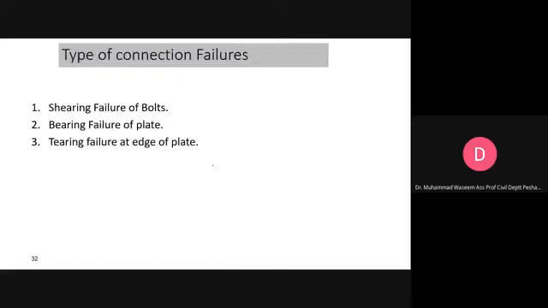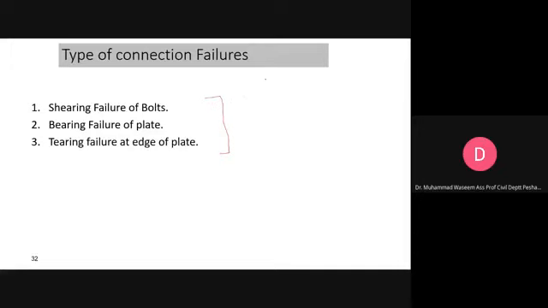Okay, now this brings us to the types of connection failure. I'm talking about bolted connections. So there are three types of failures, and this is about the bearing type connection.